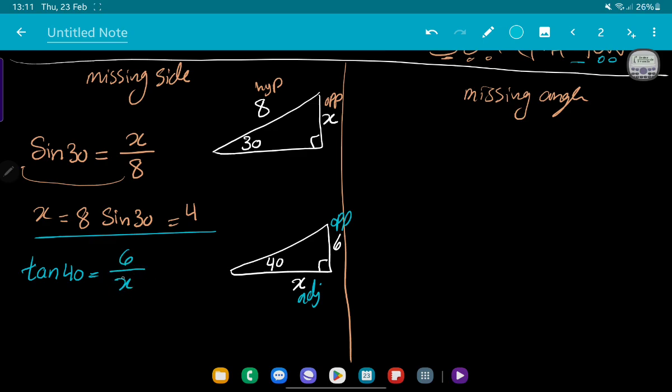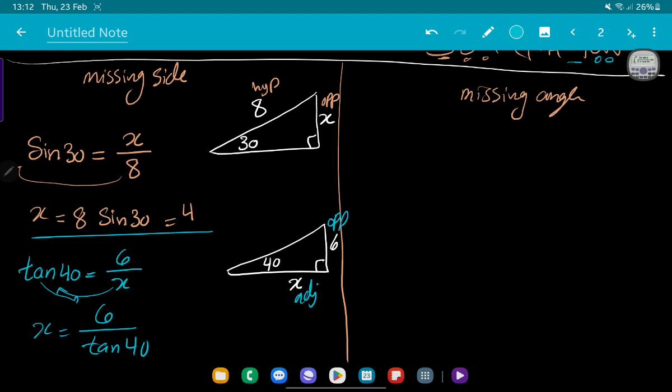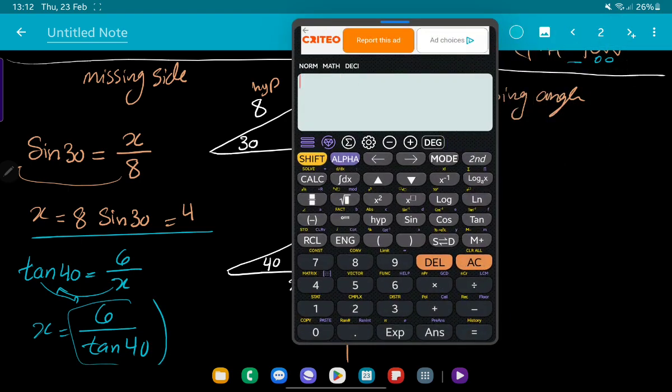How to find out the answer of x? You cross multiply, you change x with tan 40, so x will be 6 over tan 40. Send this and give this back in the denominator. By the calculator, be careful in using the calculator. This is 6 over tan 40 and close the bracket. This will be 7.2.